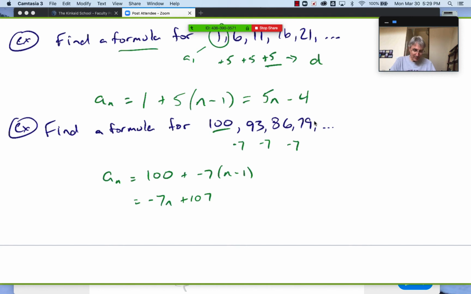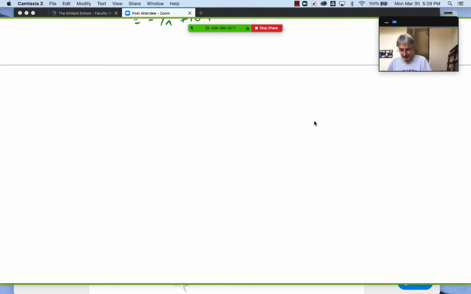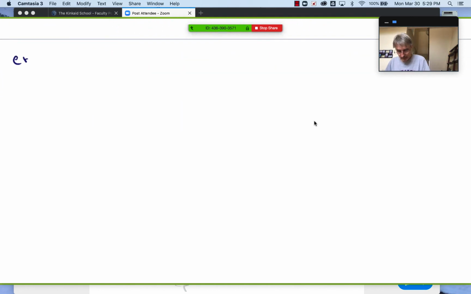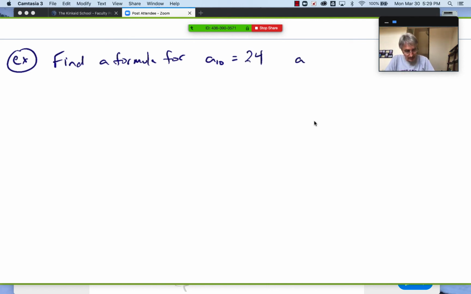The most challenging type of problem of this sort that I can think of is, let's say I tell you that I've got some sequence, find a formula for, where the 10th term is given and maybe like the 20th term is given, but you're not given any other information than that.